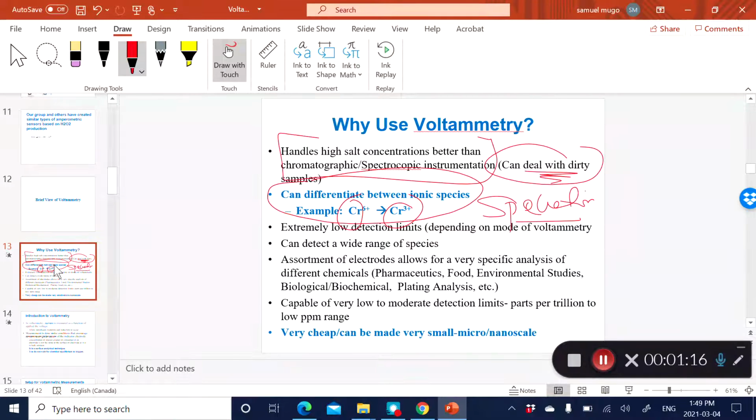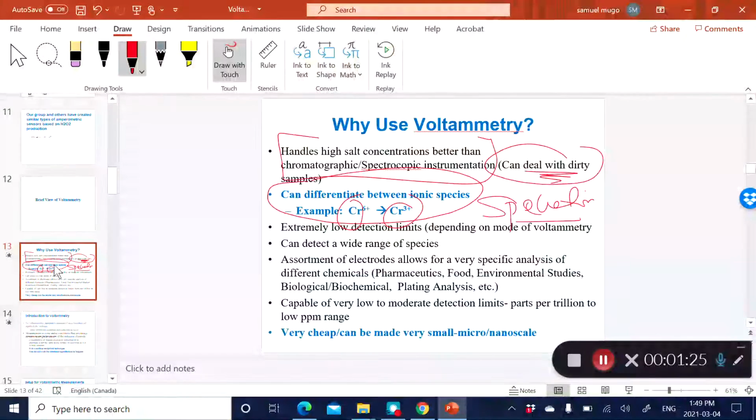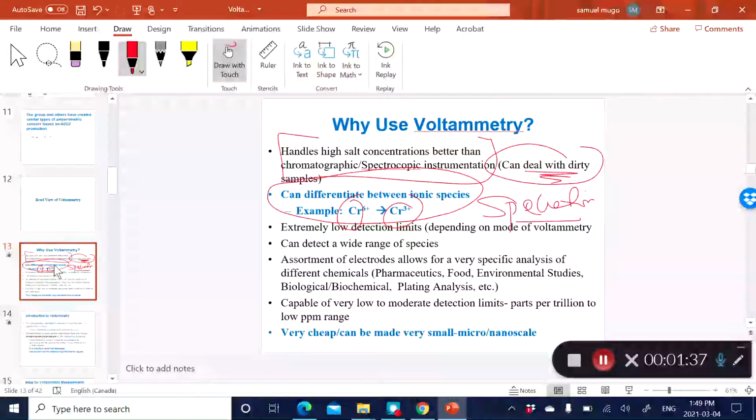And why is that important? Different oxidation states may have different toxicities if you're doing environmental toxicology, or different oxidation states may have different types of benefits and so on. So you may need to differentiate between different oxidation states of your analyte of interest.